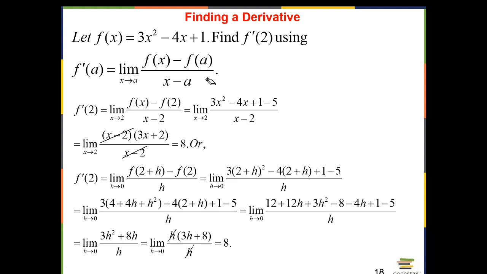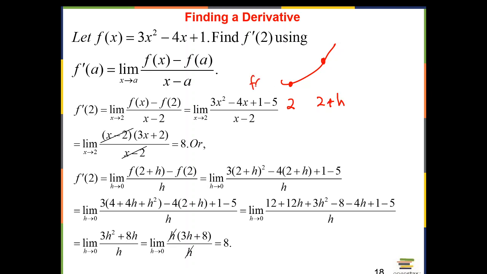All right. What about using the other structure? This is another one. This is the same one. Or we can use the other structure. For the other structure, what we have to do is this. We have to call the first one 2, right? And we want to call the other one 2 plus h, right? So that's one way.